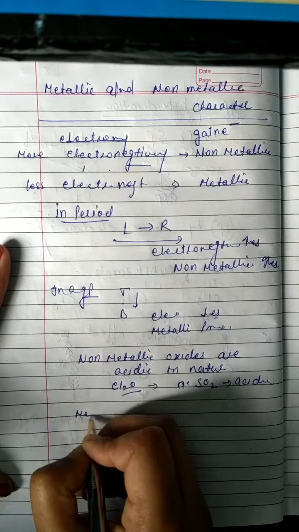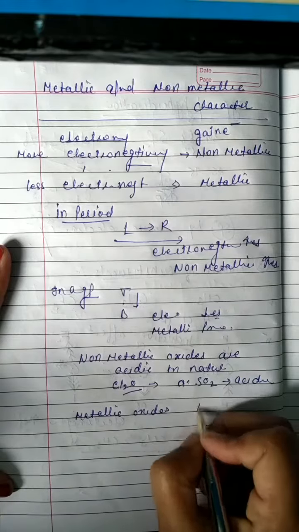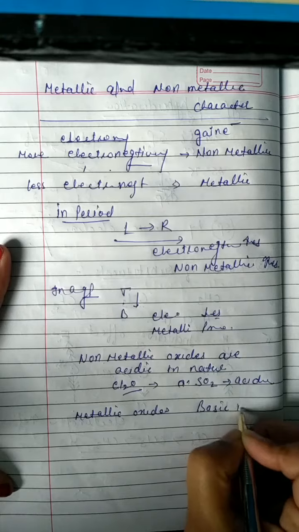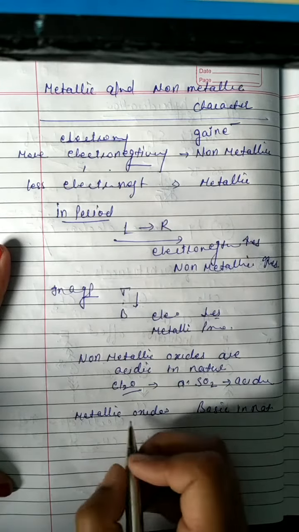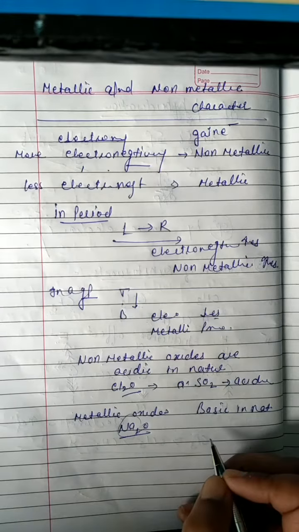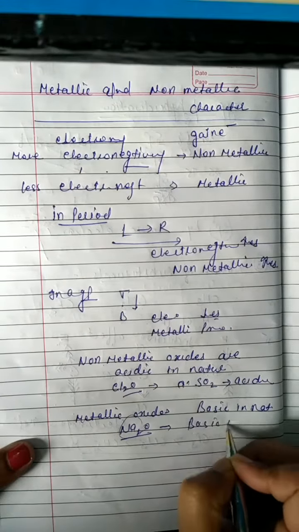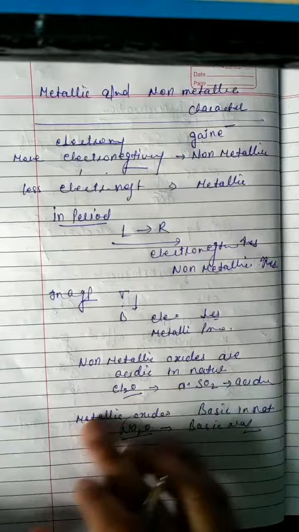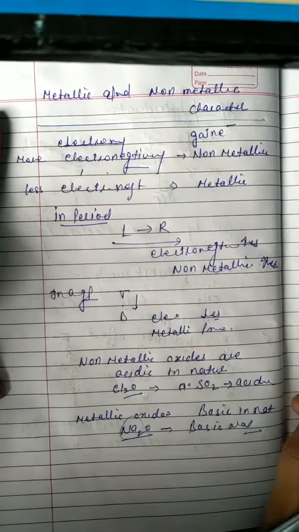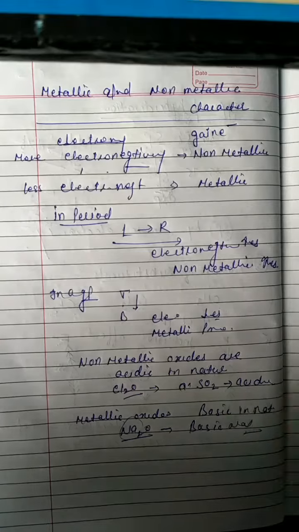If we are talking about metallic oxides, then they are basic in nature. For example, Na2O, that is a metallic oxide, that is of basic nature. Okay, this is about the metallic and non-metallic character. Clear? Thank you.